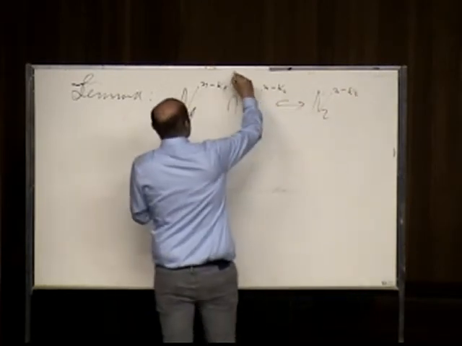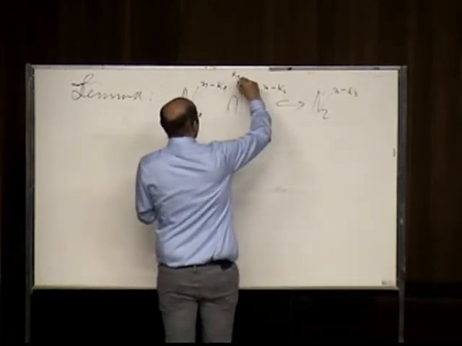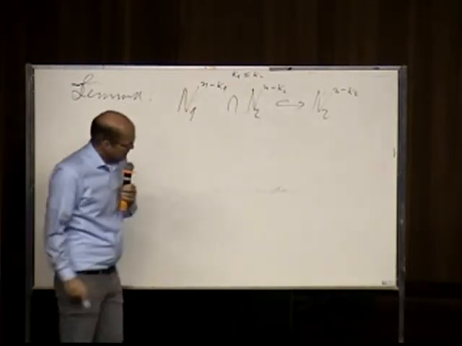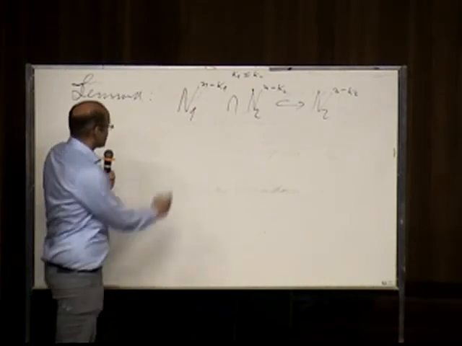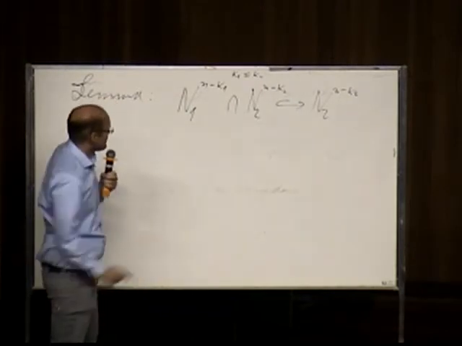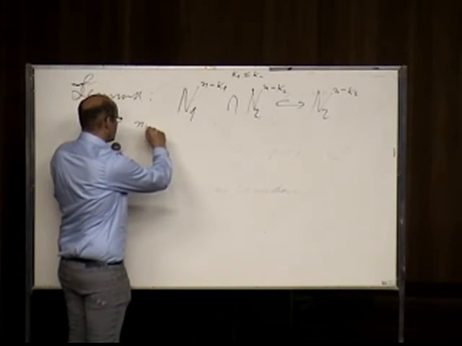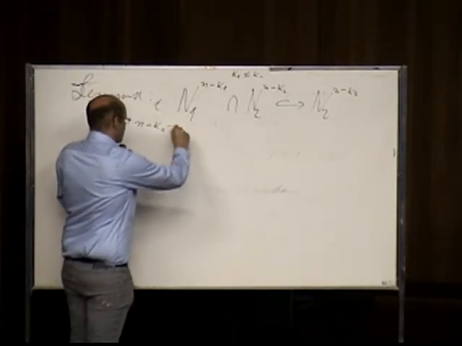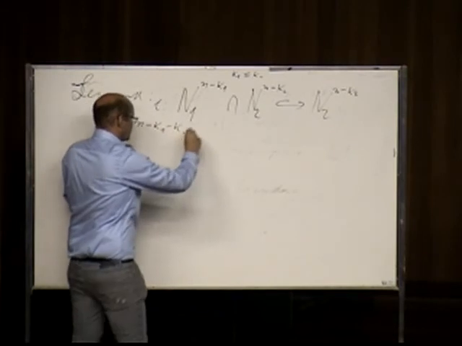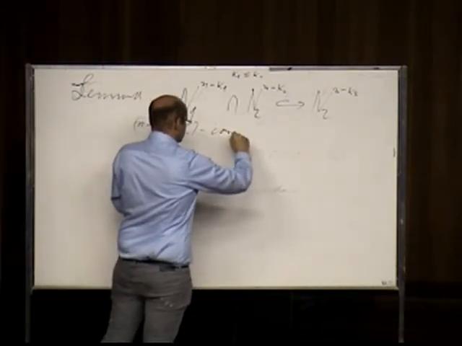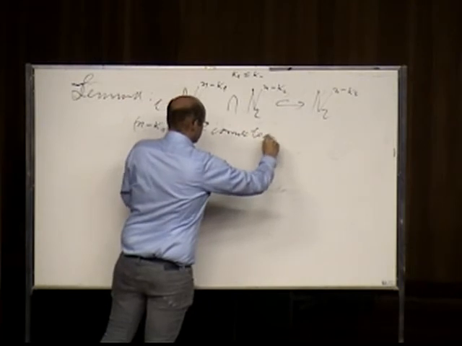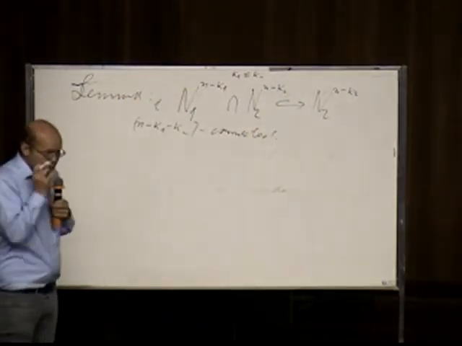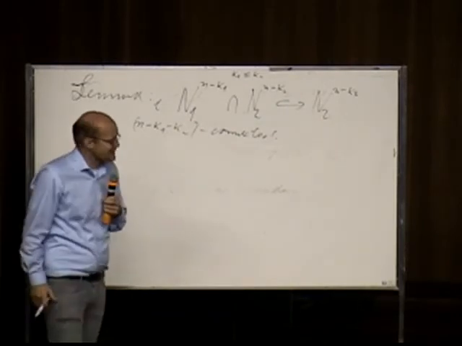So we assume that K1 is smaller or equal than K2. Then there's a lemma that says that in general, even if the intersection is not transversal, the inclusion map is N minus K1 minus K2 connected. So that's actually one of the results I talked about in Brazil 16 years ago.